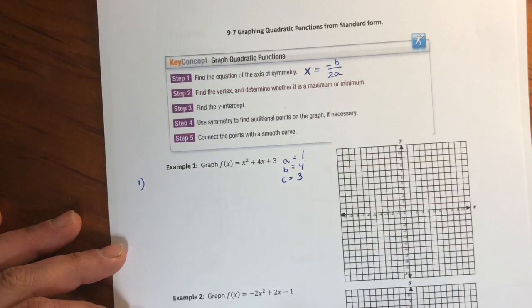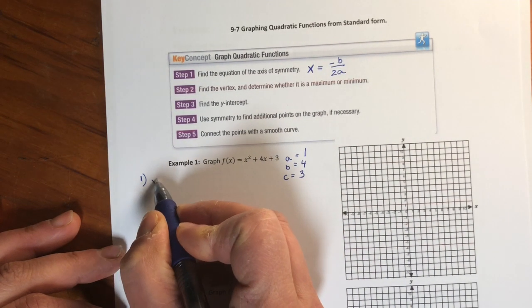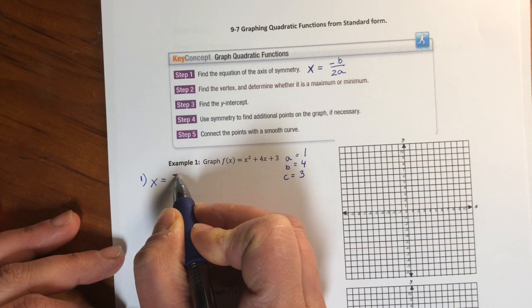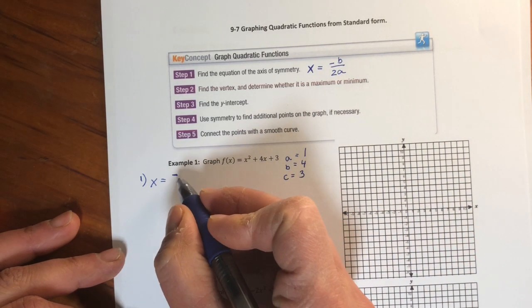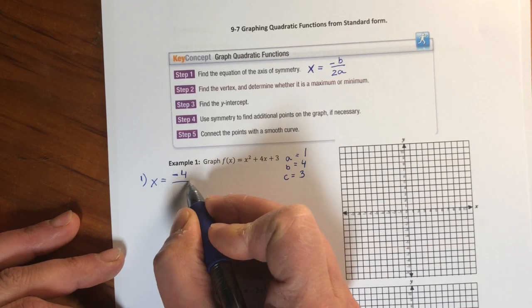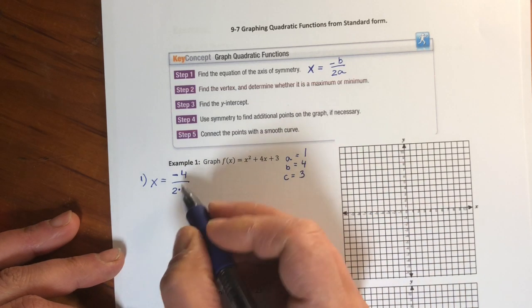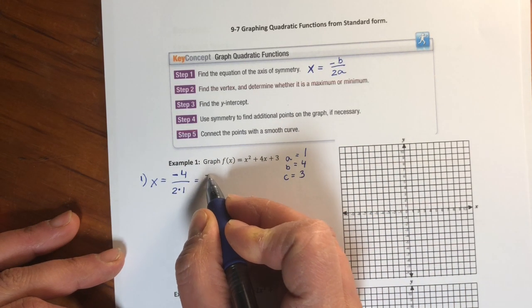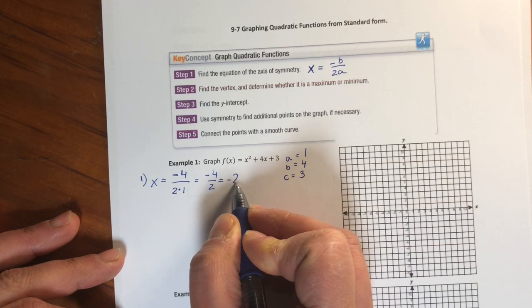So number 1, I am finding the equation of the axis of symmetry. Negative is in the formula. I am taking b is 4, so negative 4 over 2 is in the formula, times a is 1. Negative 4 over 2, that is equivalent to negative 2.